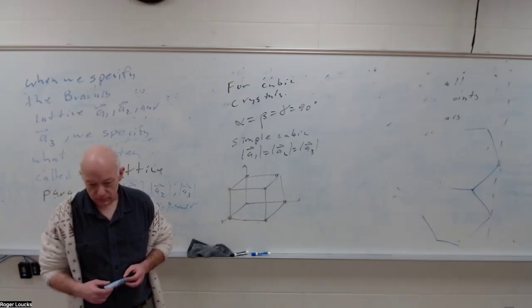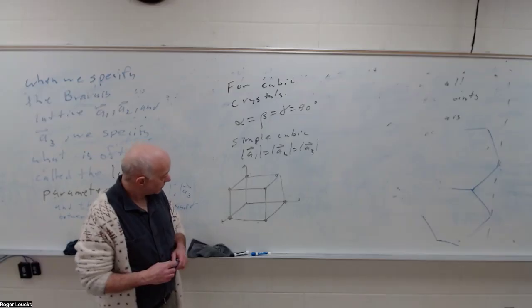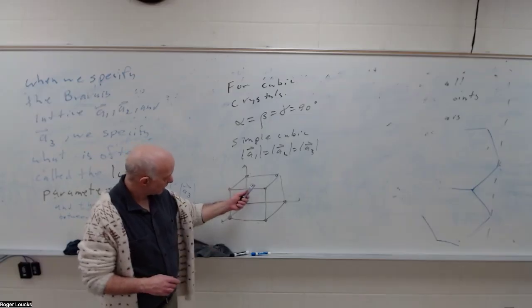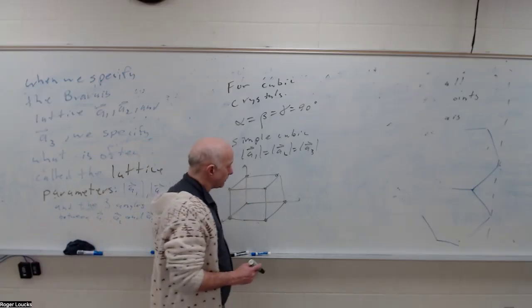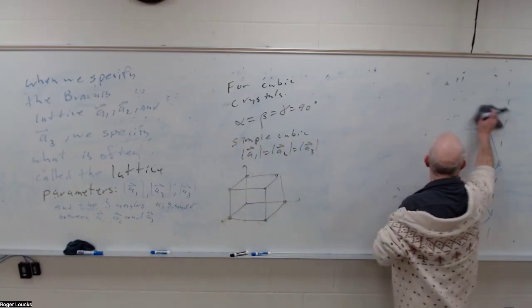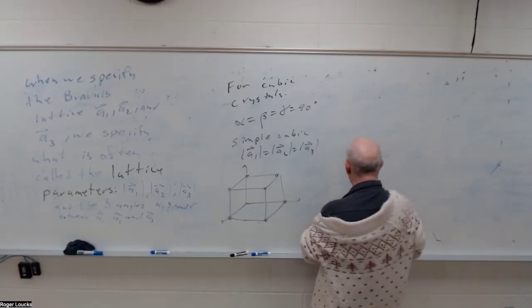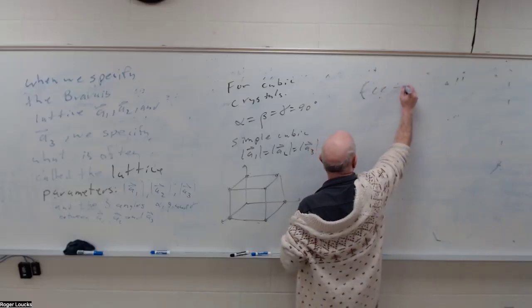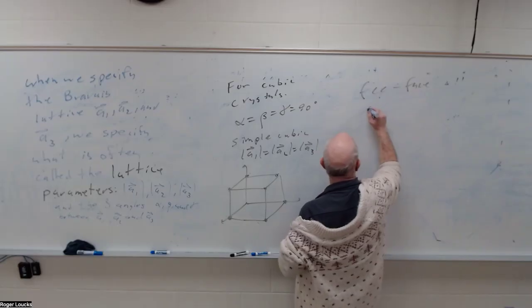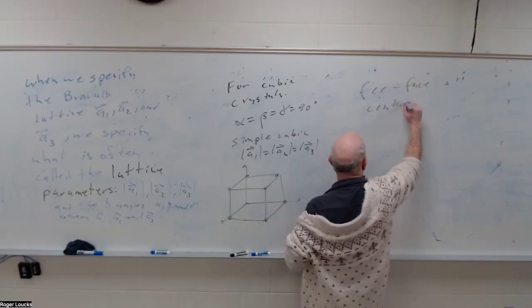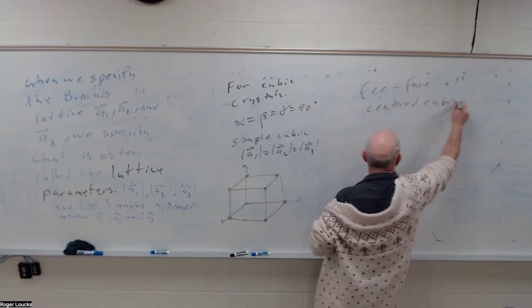What does it mean to be face centered? Yeah, I'm going to have basically ones on the center of all the faces. So we can also have FCC, face centered cubic.